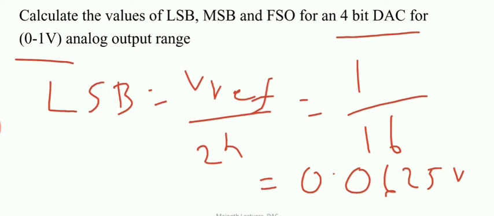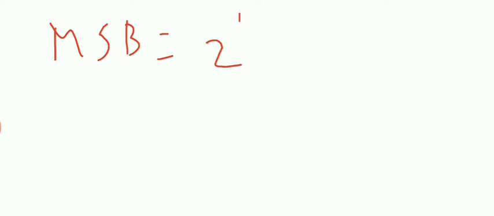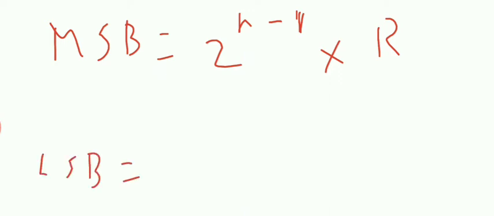Next one, MSB. MSB is given by 2 power n minus 1 into R. See, why I found LSB by using resolution multiplied by 2 power 0? 2 power 0 is nothing but 1.